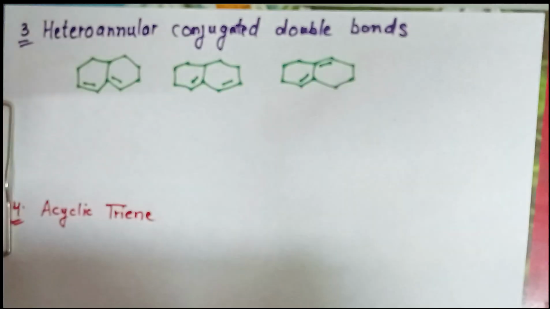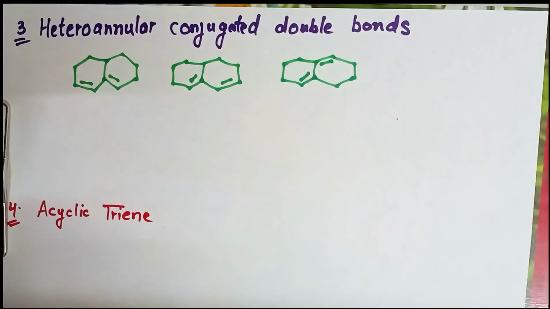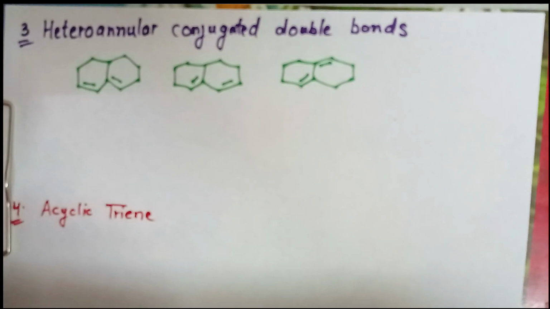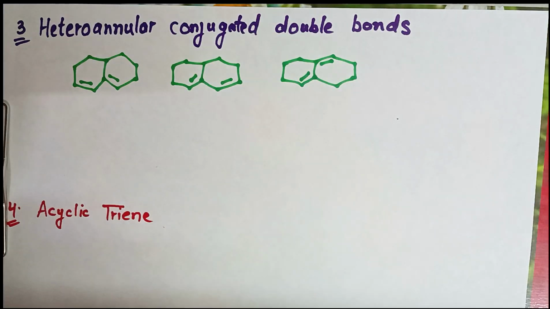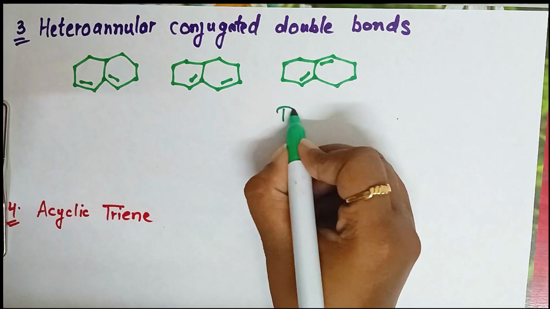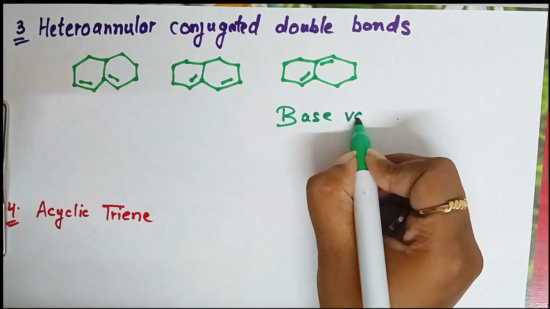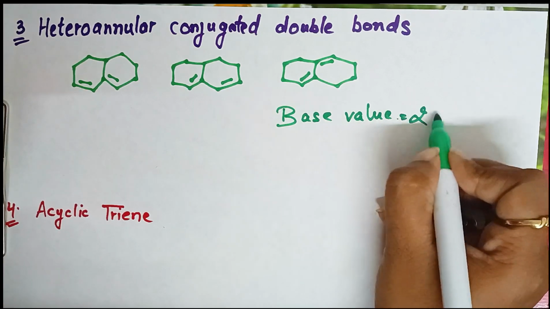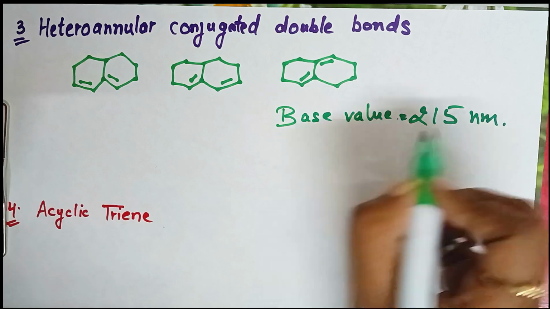In all of these compounds, the conjugated double bonds are present in different rings, right? So in these types of compounds we have a base value of 215 nanometers.